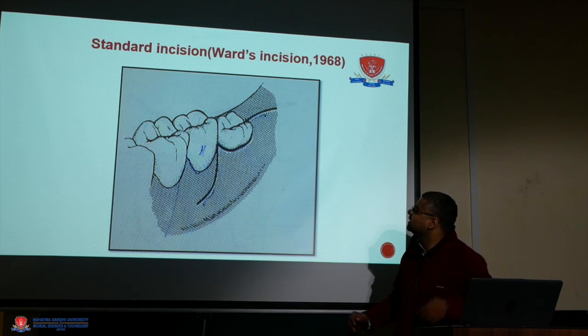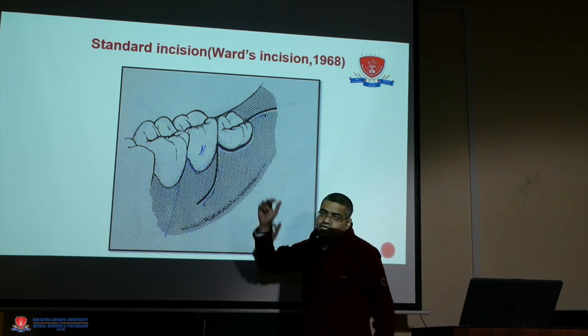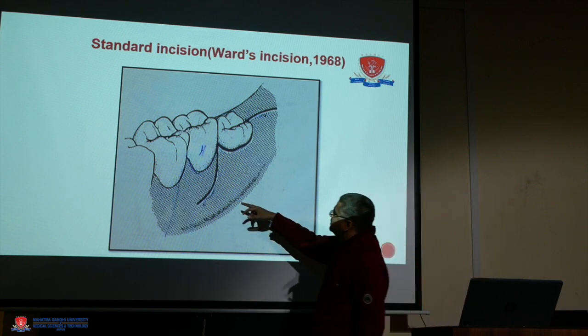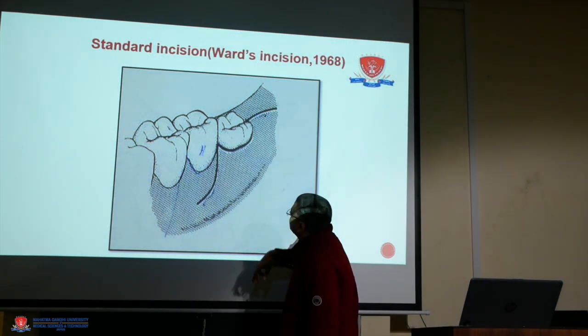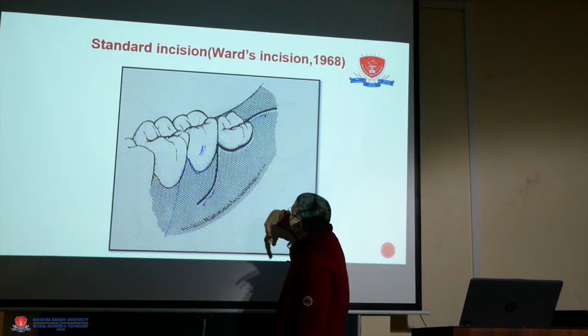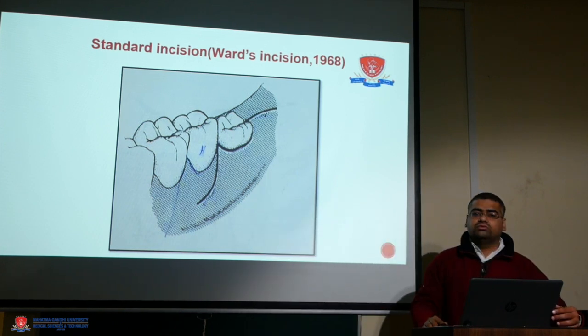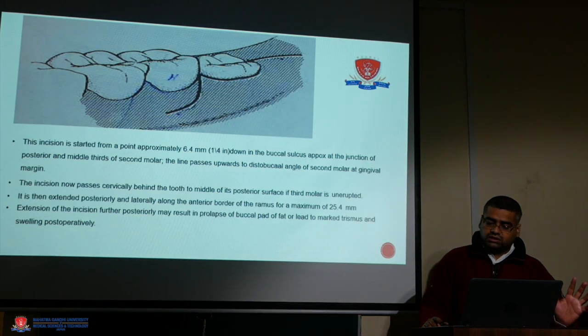So you can see the anterior, posterior and intermediate limbs of the incision. We have to give the incision like this and protect all important structures, then reflect the flap and do the guttering and other steps to expose the tooth. I have already explained this.